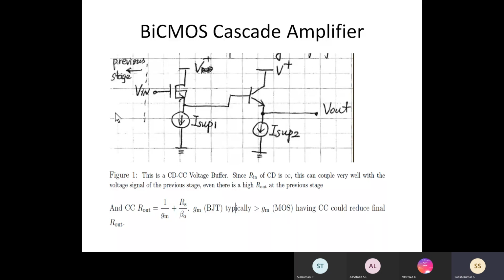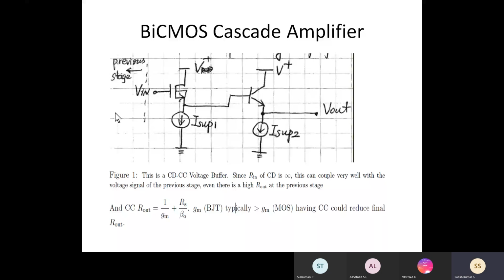In this common collector, the output impedance is related to the transconductance value. Due to the transconductance value, the output impedance is controllable. Combining these two categories, common drain and common collector, high input impedance and lower output impedance will be obtained.